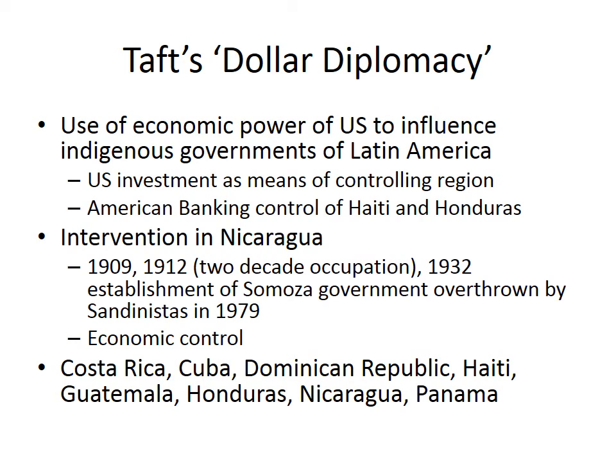You see the intervention in Nicaragua, first in 1909, that's under Taft, and again in 1912, under Taft. Finally, somewhat later, in 1932, the United States will make its third military intervention into Nicaragua and establish the Somoza government, which is ultimately overthrown by the Sandinistas in 1979, and we'll deal with this in Epoch 3.